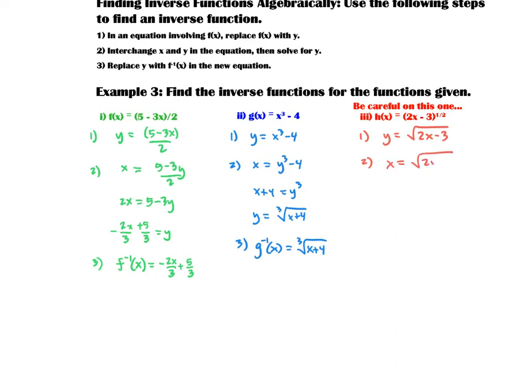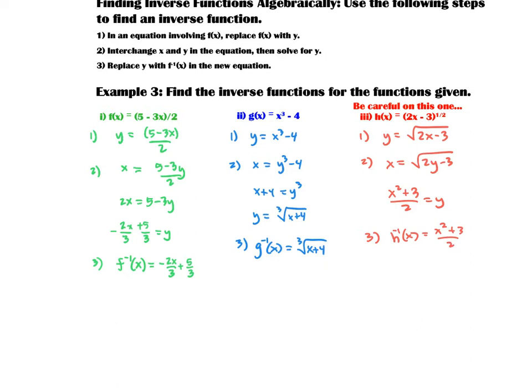So that would be the square root of 2y minus 3. Now I'm going to solve for y. I'm going to square x, add 3, and then divide by 2. That should be y. Okay, now I'm going to write this in inverse notation. x squared plus 3 over 2.